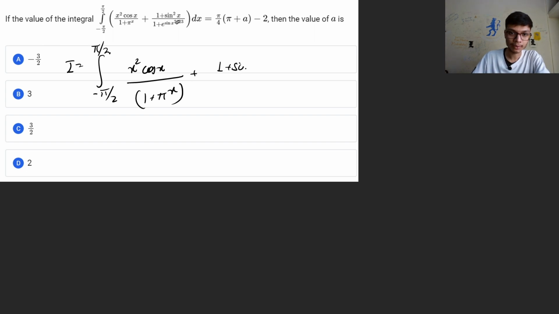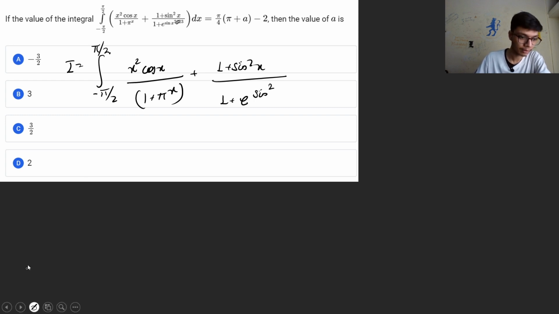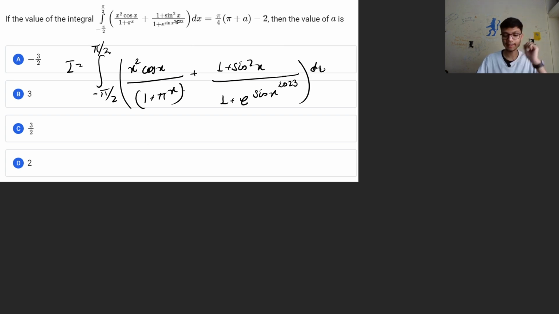Then 1 plus sine square x whole divided by 1 plus e to the power sine x to the power 2023, and this is going to be x to the power 2023, and dx. So that is basically the integrand.